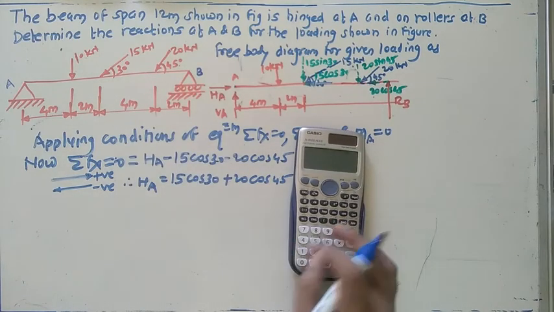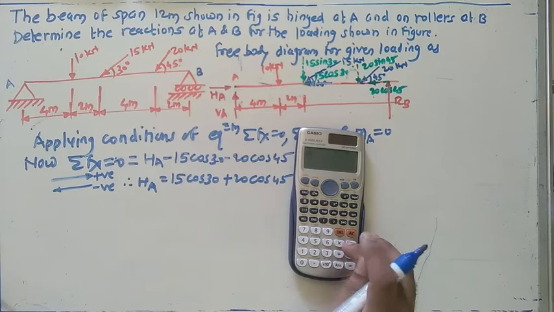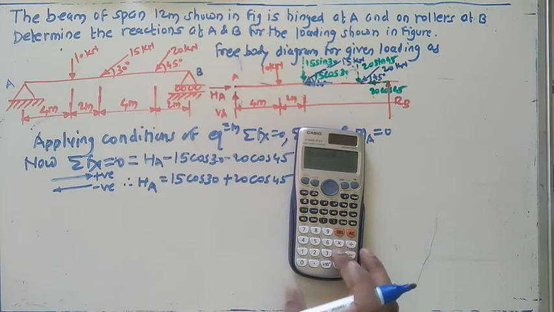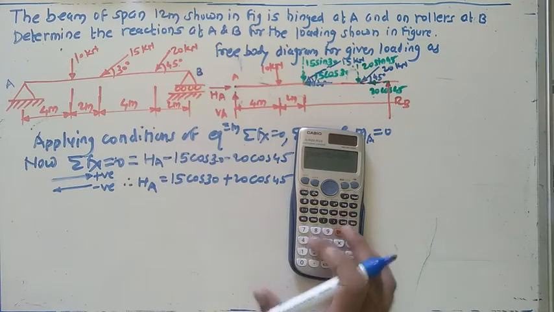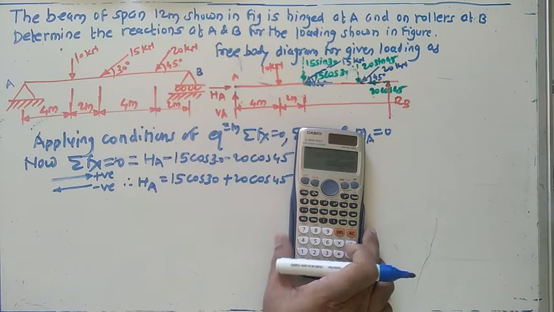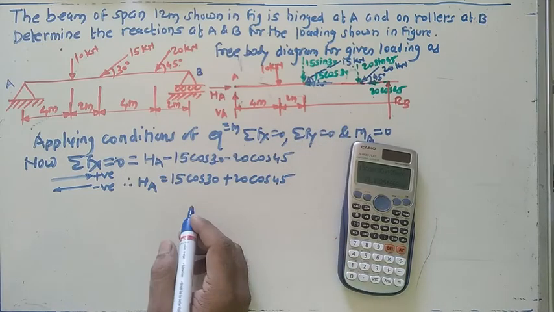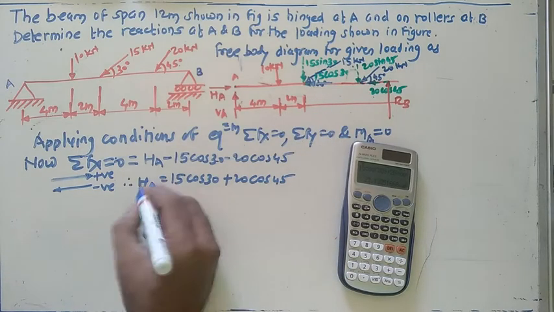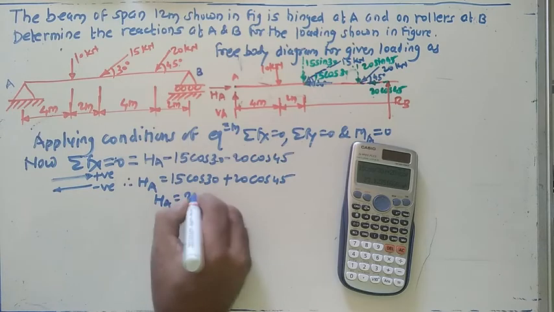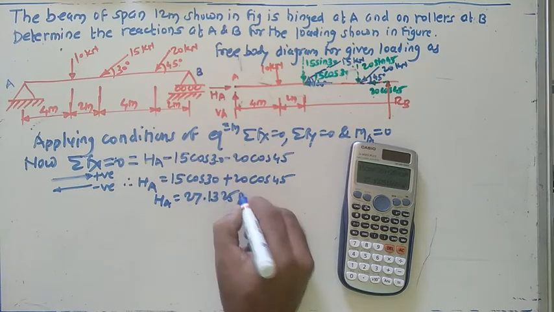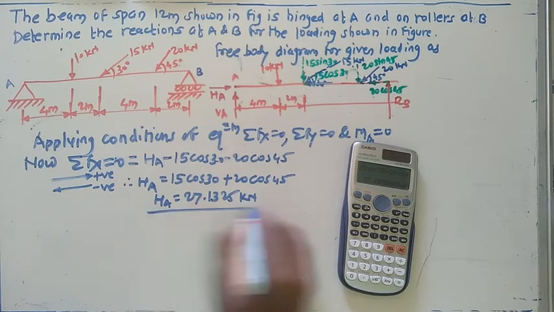Solving, you can get 27.25 kilonewton for the HA.